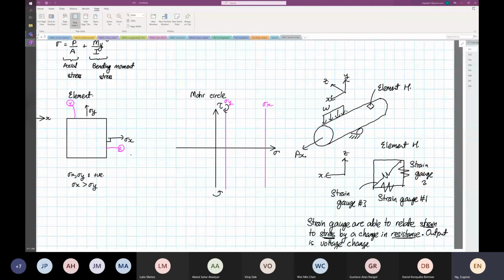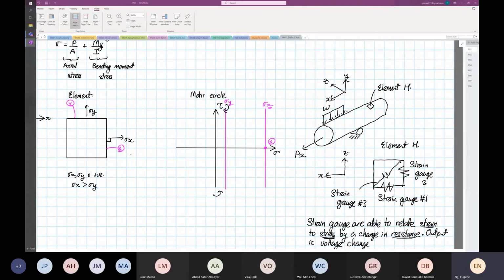So over here, point X will be on the stress X line, and the shear stress is equal to 0 for now, so there's no shear stress on the element.